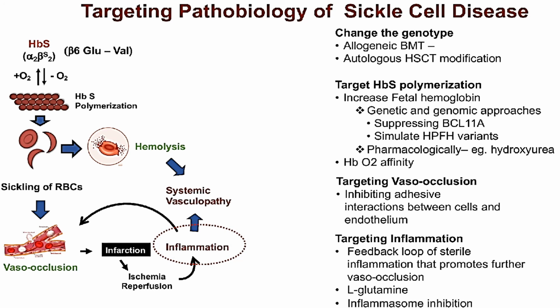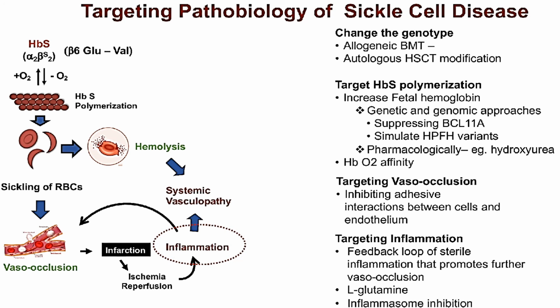So we can do an allogeneic bone marrow transplant, and we can also try to reduce polymerization. Naturally, when I say that this valine causes a sticky end, if the neighboring hemoglobin also has a sticky end, the propensity to form a sickle cell will increase. So that's what happens in a sickle cell homozygous patient.